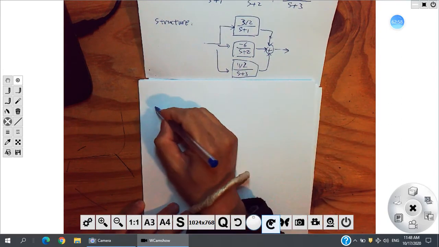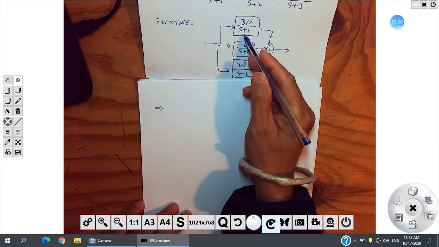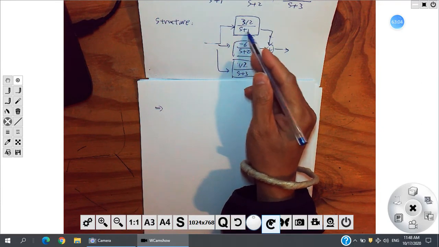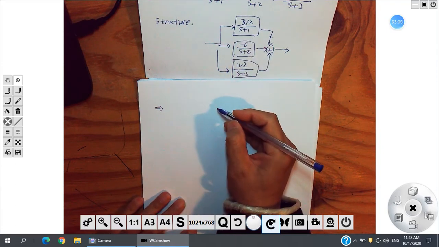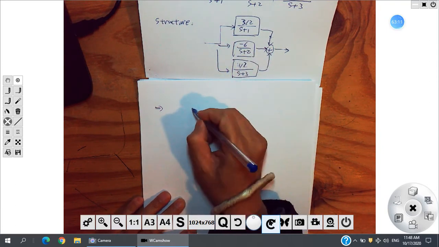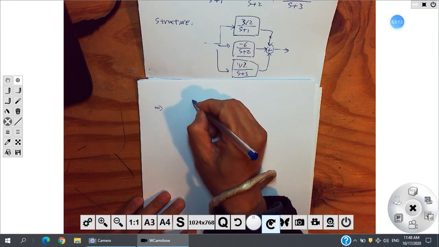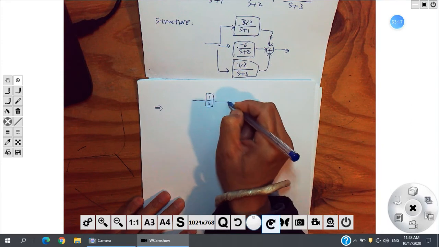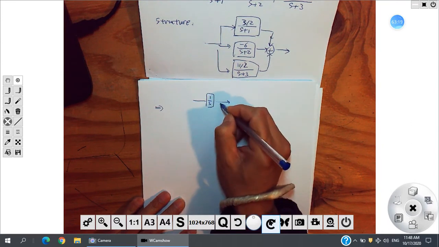Then we have 1 derivative, so we have 1 loop, right? You divide by S, you need 1 loop, 1 forward pass. You need 1 loop.